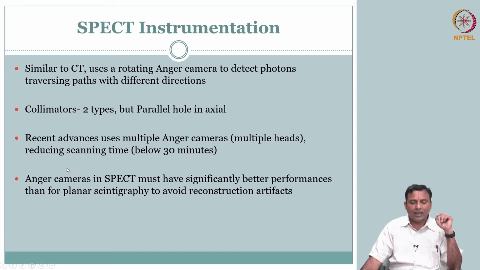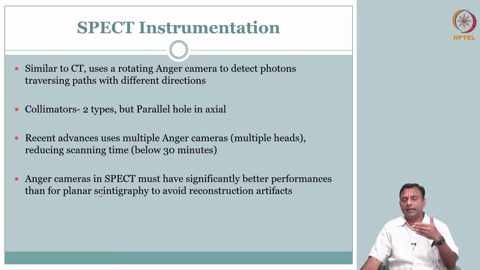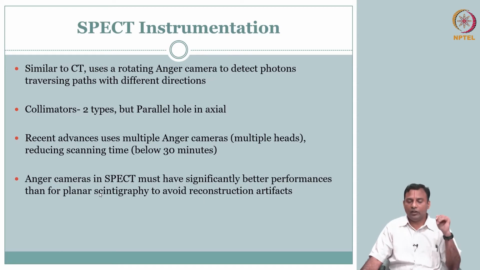So in some sense there are some minute details that have to be taken care of, but we will not worry too much about that. We will assume the camera and collimator are all fine tuned, and therefore ask how do we get this data, what is this data, how do we get the reconstruction.